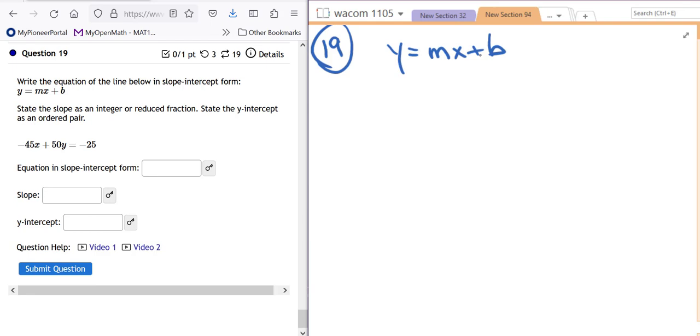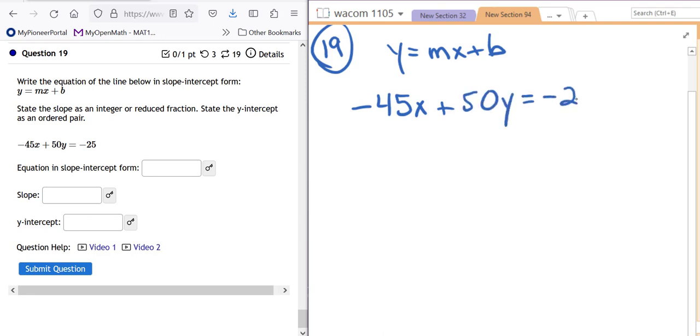Here is our equation we're given. All right, and it wants us to state the y-intercept as an ordered pair. Okay. State the slope as an integer. So we have to isolate the y before we can do this.